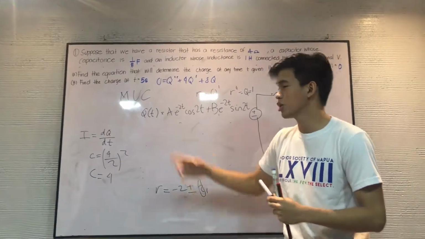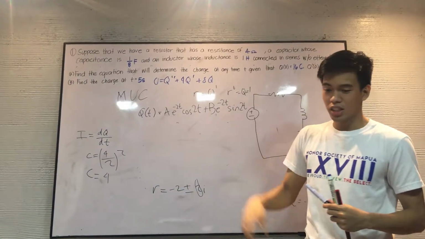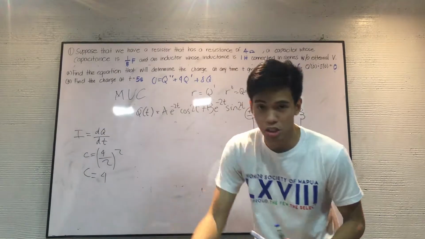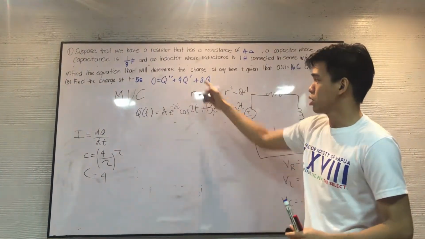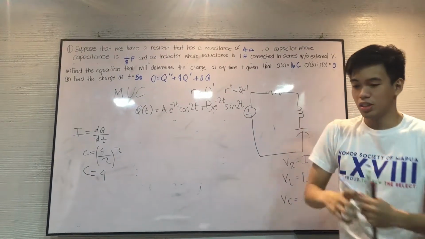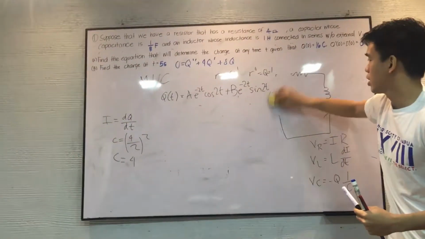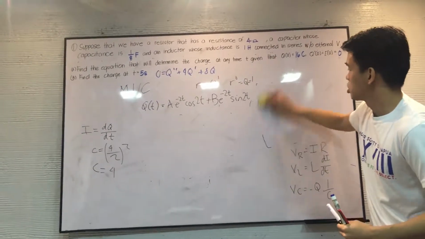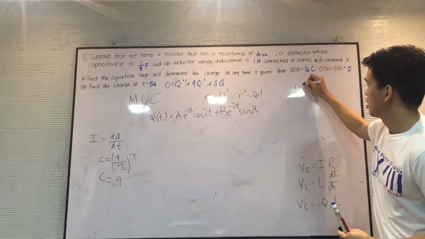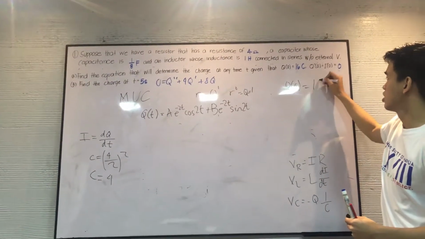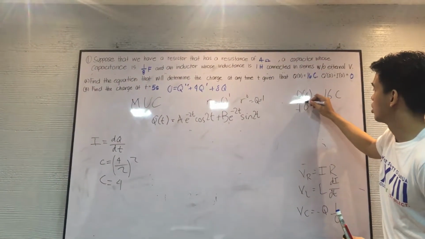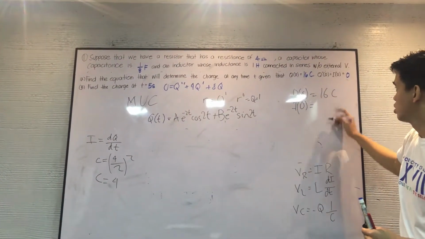This is our initial solution without the coefficients. In order to determine coefficients a and b, we have to substitute this with their initial values. So these are our given initial values, which is the initial charge, which is 16 coulombs, and the initial current, or the first derivative of the charge, is equal to 0 amps.